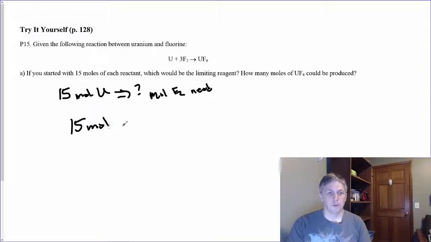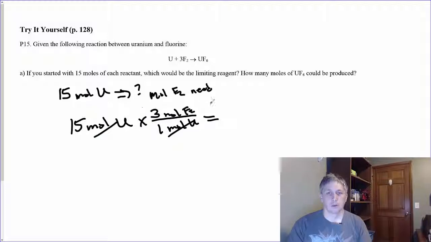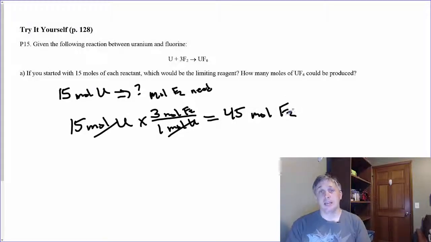So remember, whenever you want to convert moles of one thing to moles of something else, you look at our given reaction, and it looks like a 1-to-3 ratio. 3 moles of F2 for every 1 mole of U. So that would give us 45 moles of fluorine that we would need to react with all of our uranium.